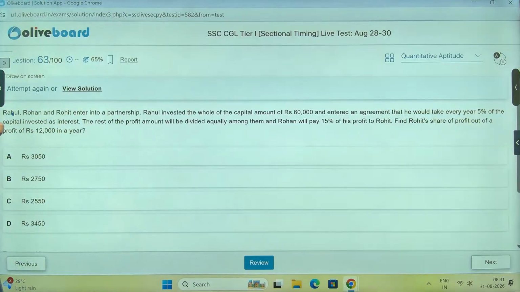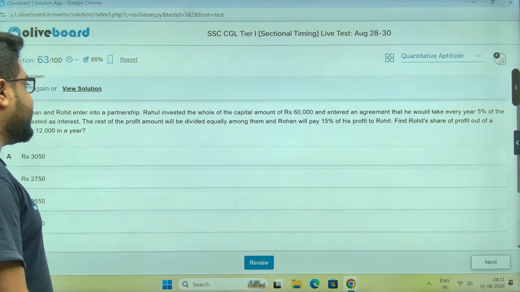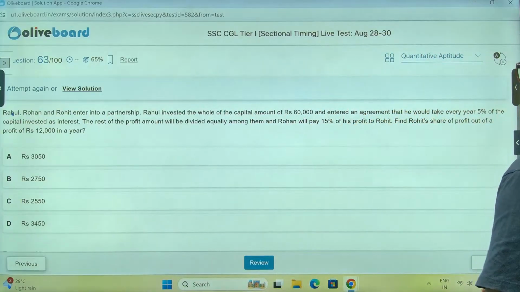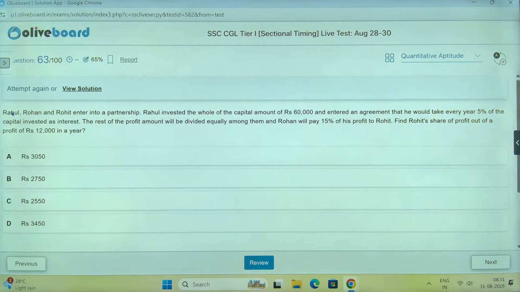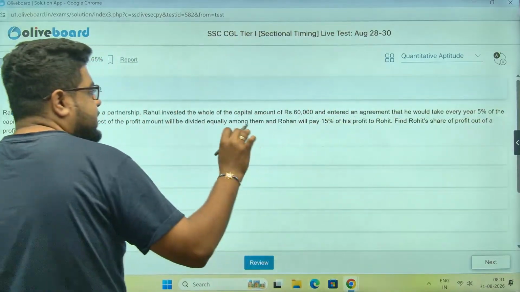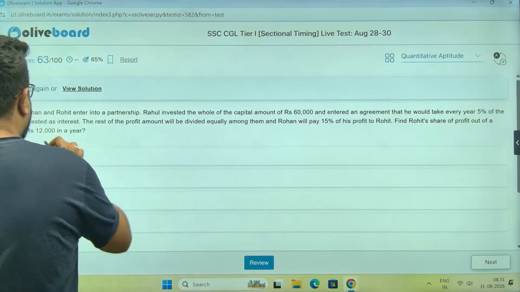Next one, please, sir. Rahul, Rohan and Rohit enter into a partnership. Rahul invested the whole capital, 60,000, and he would take 5% of the capital invested as interest. The rest of the profit will be divided equally among them. Rohan will pay 15%, find Rohit's share out of a 12%.